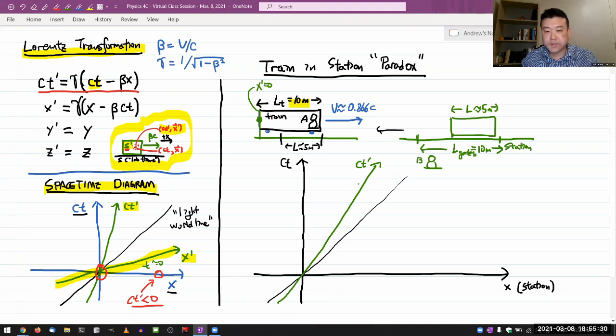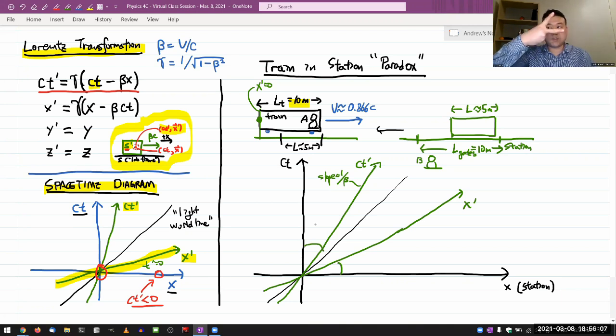And the slope for this, if I drew it properly, should be 1 over beta. That's how it should be. And the x prime axis is the axis defined by setting ct prime equal to 0, or in the Lorentz transformation, that should look something like this. And as your textbook was describing, when done properly, this angle here is the same as this angle.